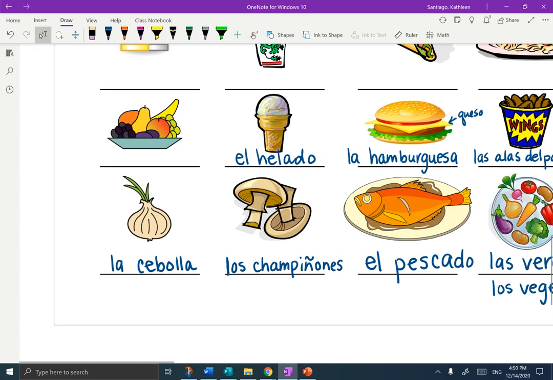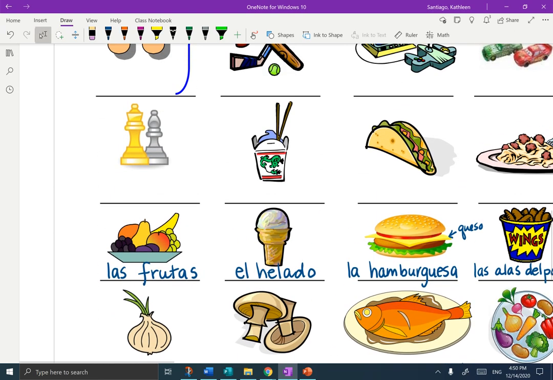The next one is a cognate, las frutas. Above las frutas, el ajedrez, game of chess, el ajedrez.